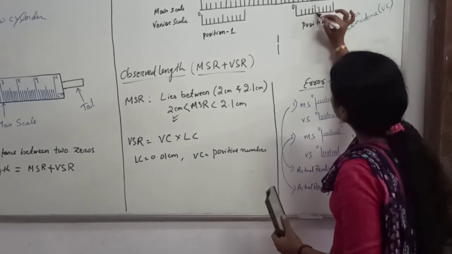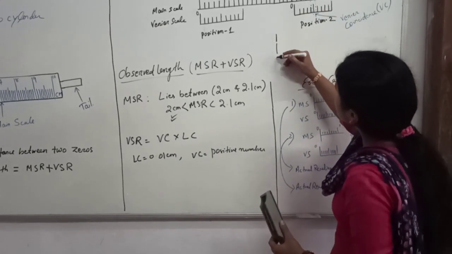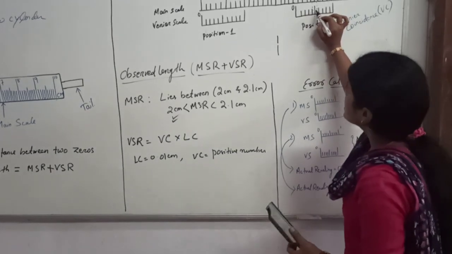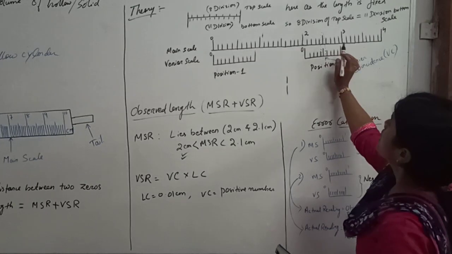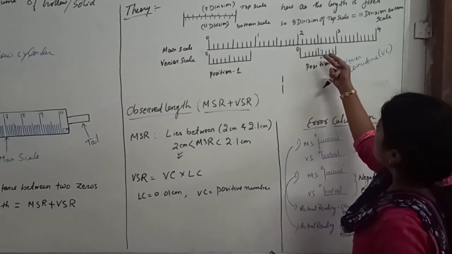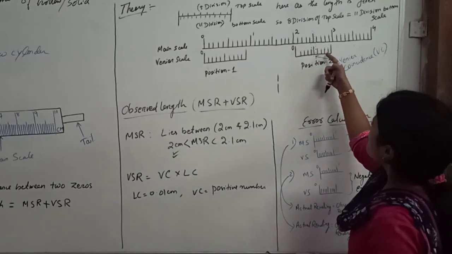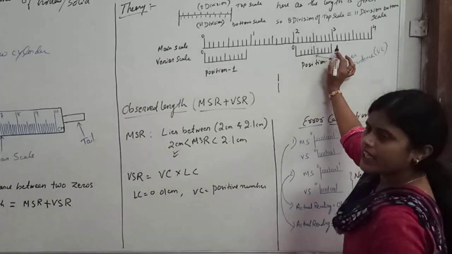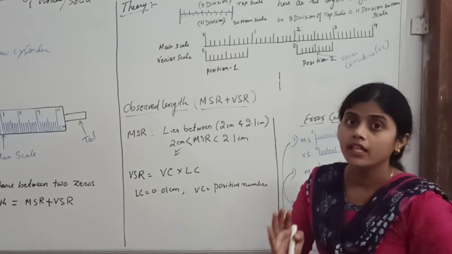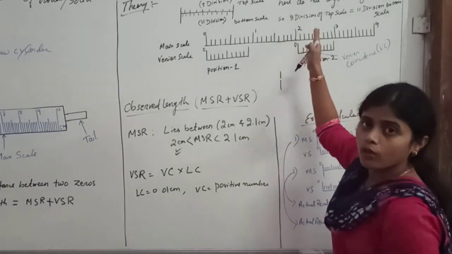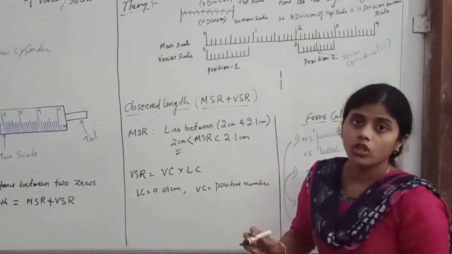If I join these two, they will come in one single line. So this will give you the vernier coincidence. If you look further, there may be some other lines which will coincide, but we have to consider the smallest one, the first line which will coincide with any of the divisions of the main scale.